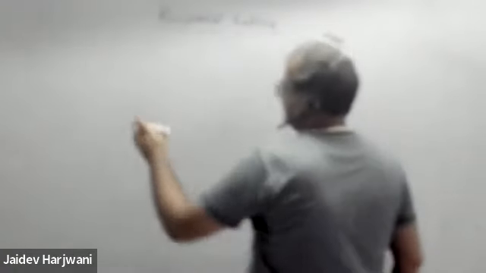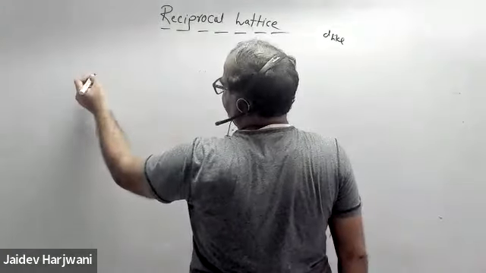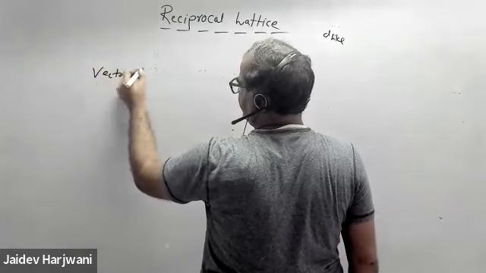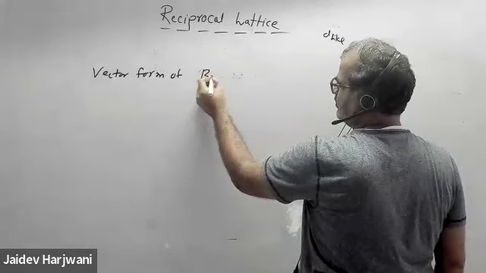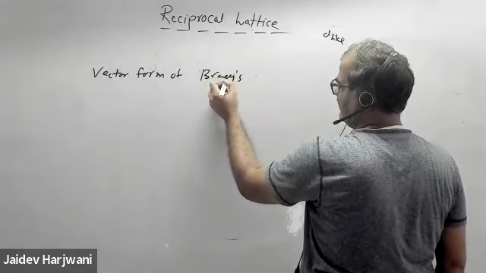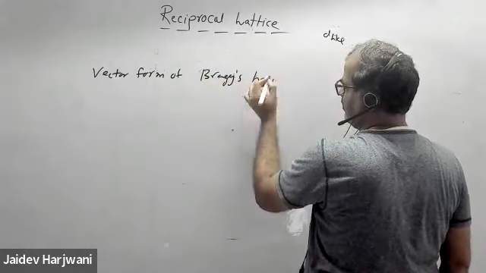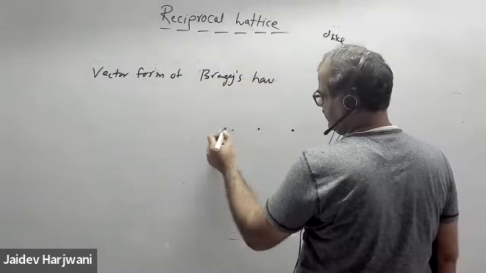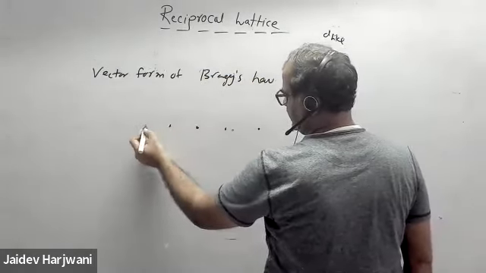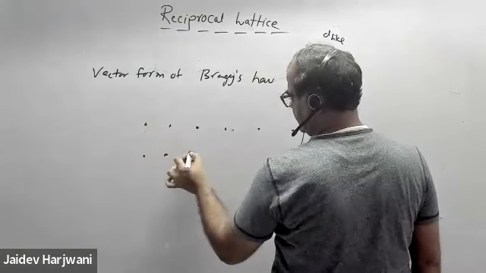Now let me write the vector form of Bragg's law. Suppose you have this lattice point. Just now I have drawn it, I should have erased it. This is my lattice point.